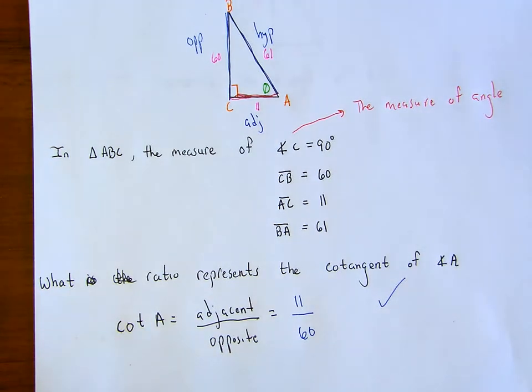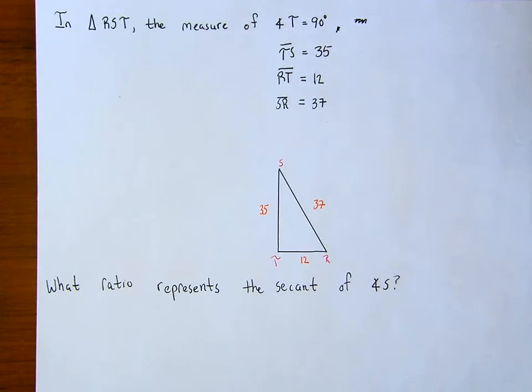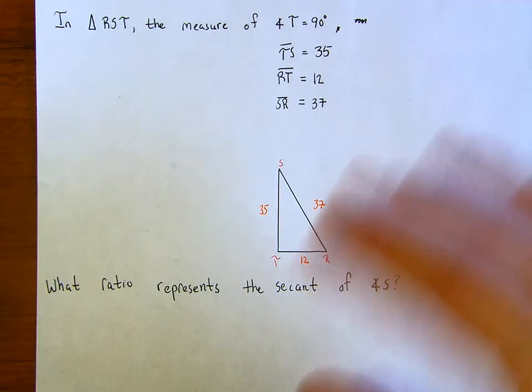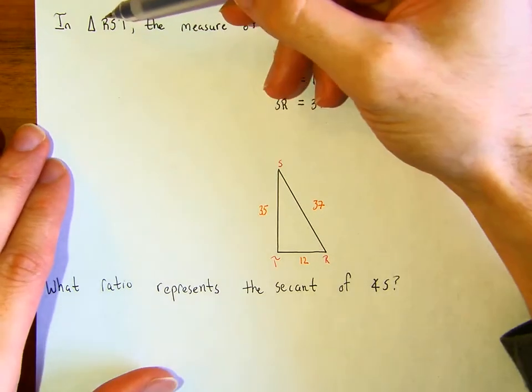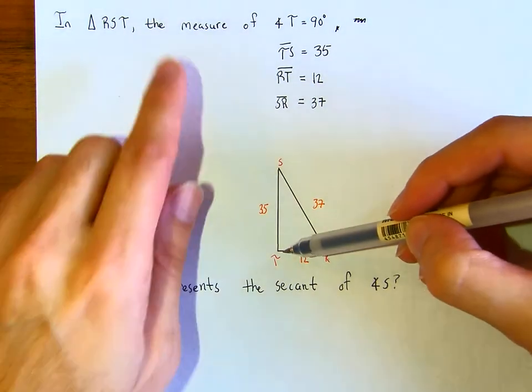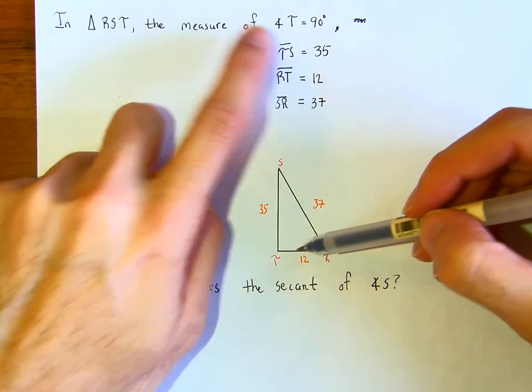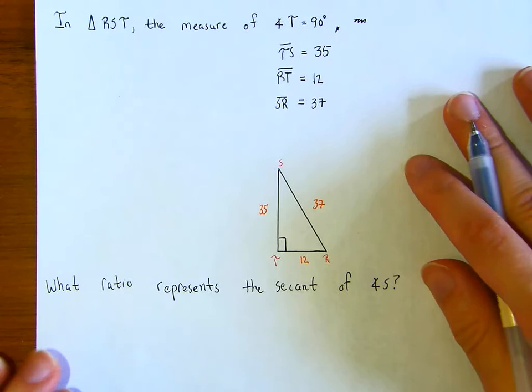Let's try one more on your own. Here, take your time and read it. And what I'd like you to do is copy the question down so you have it in your notes. It's saying in triangle RST, the measure of angle T is 90 degrees, right? So it's the right angle here.